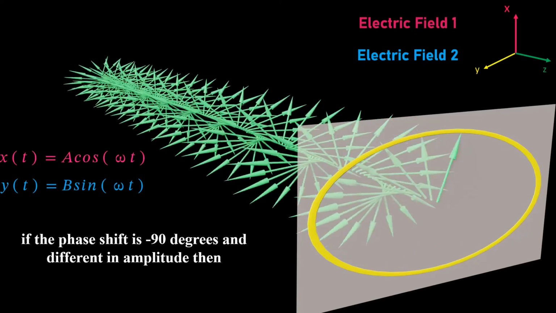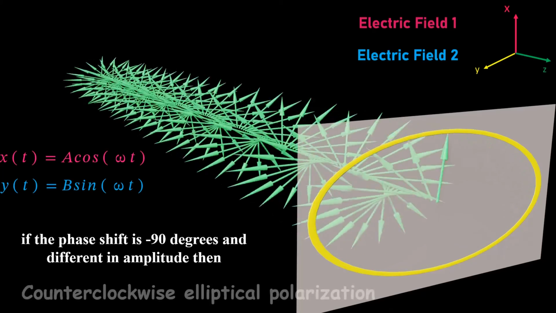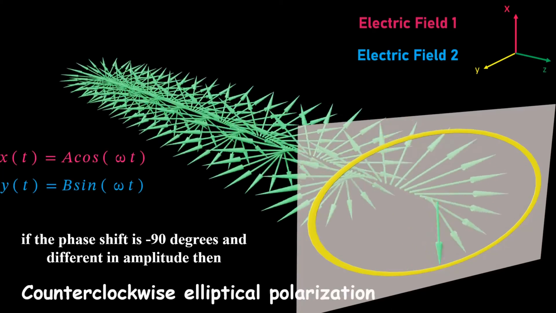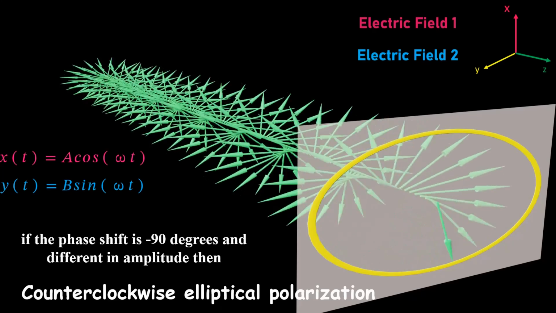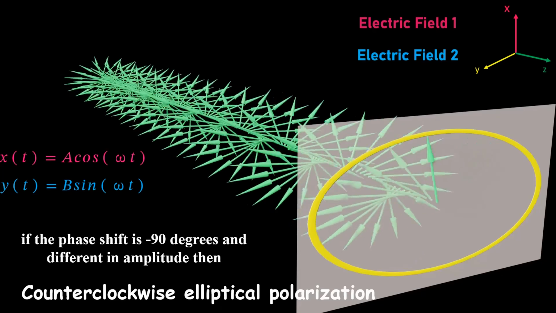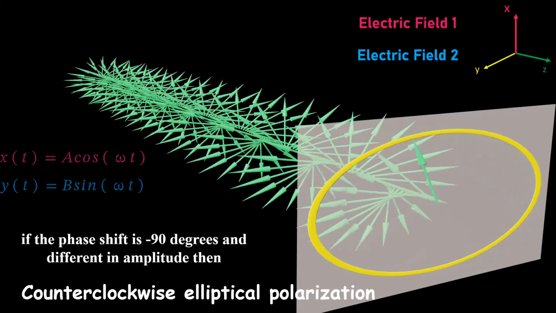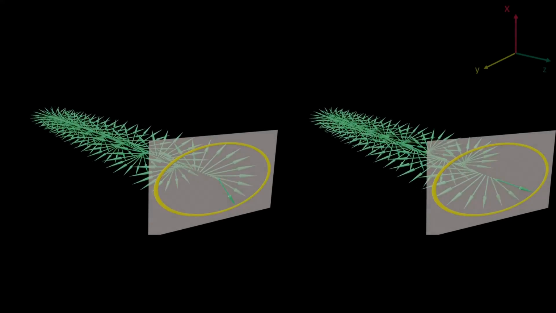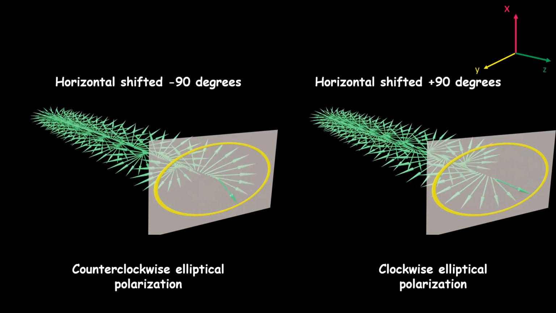So, if the two waves are shifted by 90 degrees and the two amplitudes are different, the polarization becomes elliptical polarization. Elliptical polarization also may be clockwise or counterclockwise.